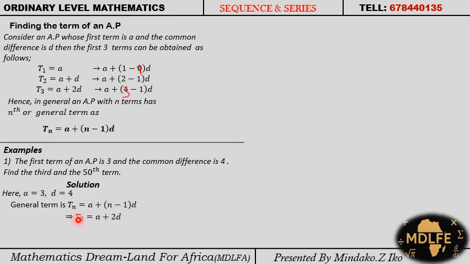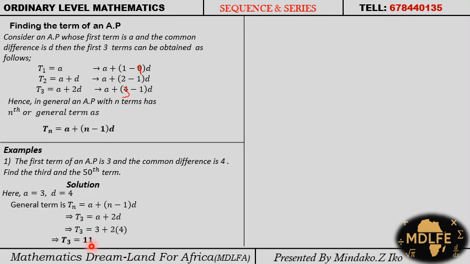For the third term, T3 is a plus 2d. Substituting, T3 equals 3 plus 2 times 4, and 2 times 4 is 8, plus 3 is 11. Hence T3 is equal to 11.